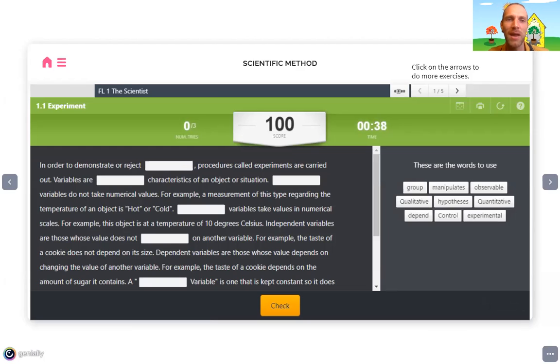So in my experiment, a normal plant exposed to sunlight, and here a similar plant in a little house with a light bulb. The independent variable here is what we manipulate. What we manipulate is the light source. In my control experiment, it's a normal situation.